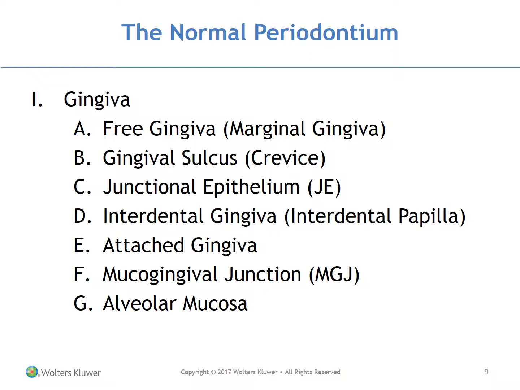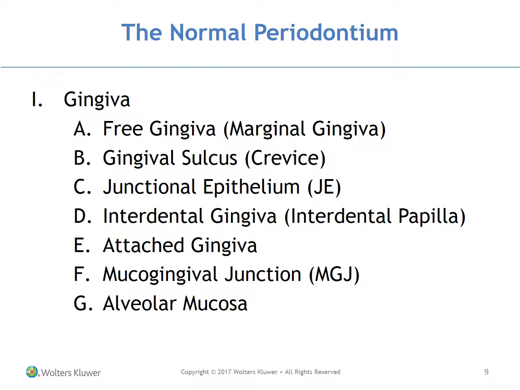The maxillary palatal gingiva is continuous with the palatal mucosa. Attached gingiva of the mandibular facial and lingual gingiva and the maxillary facial gingiva is bounded by the mucogingival junction, okay?